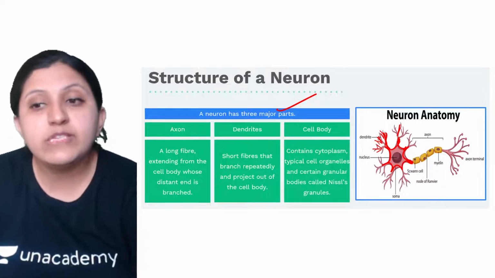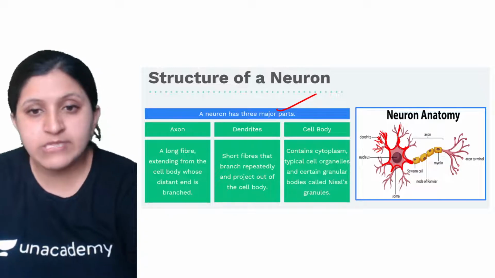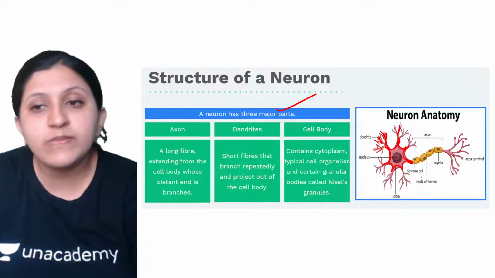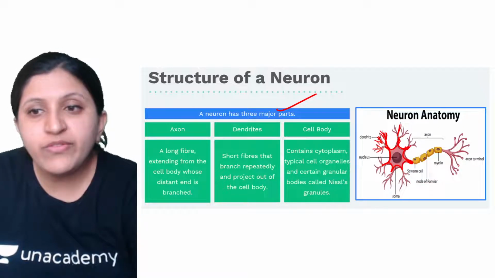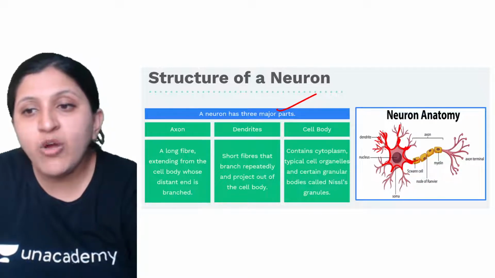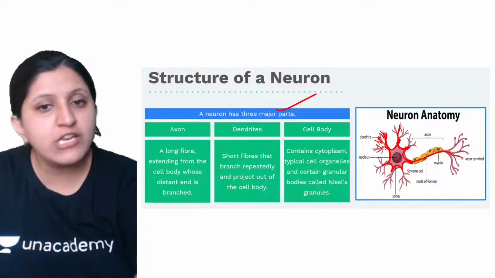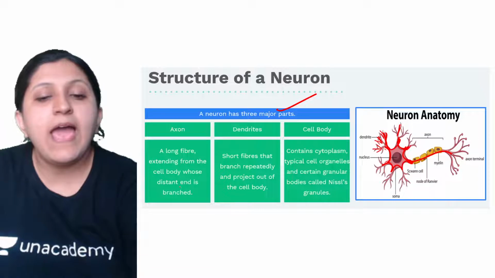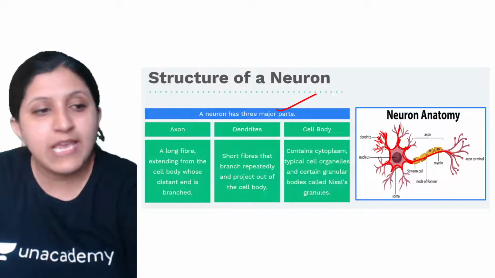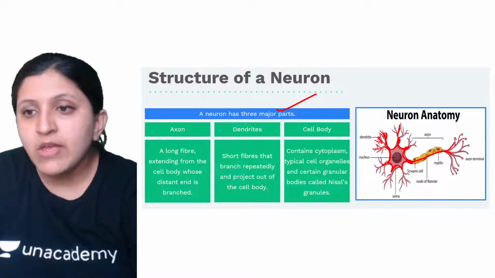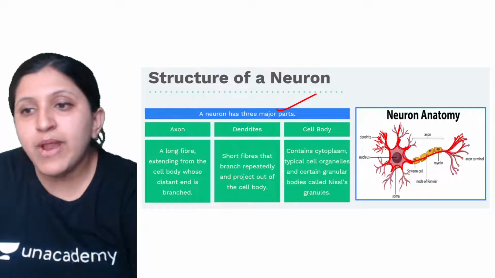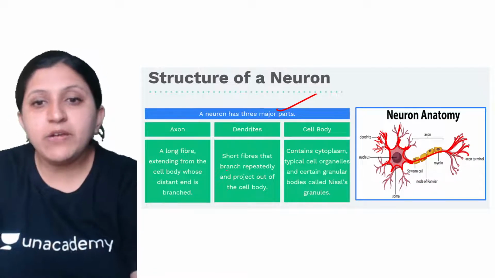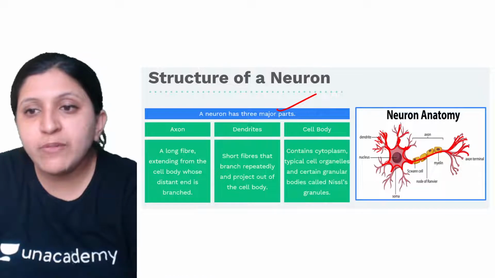Now this structure that you see here is a long fiber extending from the cell body. All of these others are short, and only one long fiber is extending. It comes from the cell body itself, and its distant end is again branched. Dendrites are the shorter fibers that you see here.